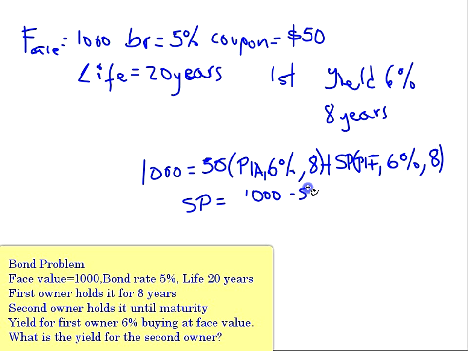So solving for the selling price, we have the selling price is 1,000 minus 50 times P given A, the value is 6.2098, divided by P given F, 6% and 8, the value is 0.62741.